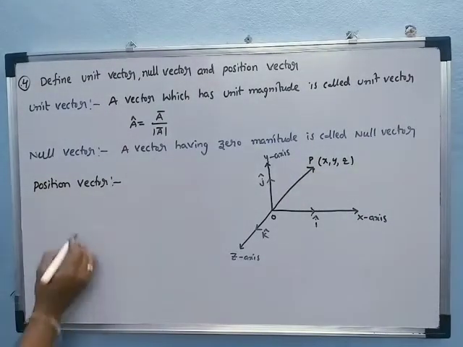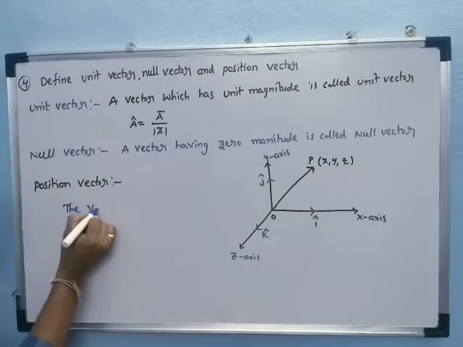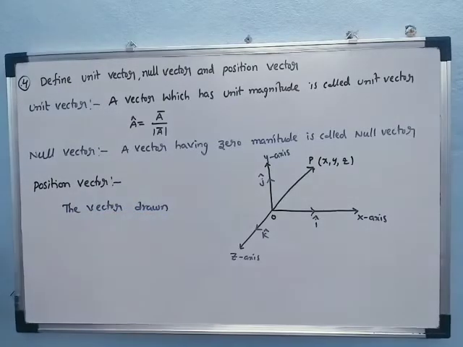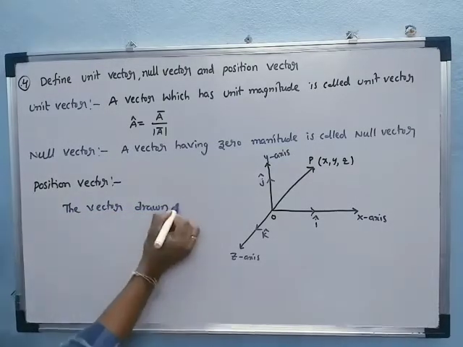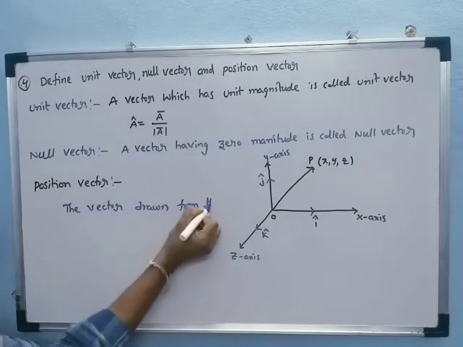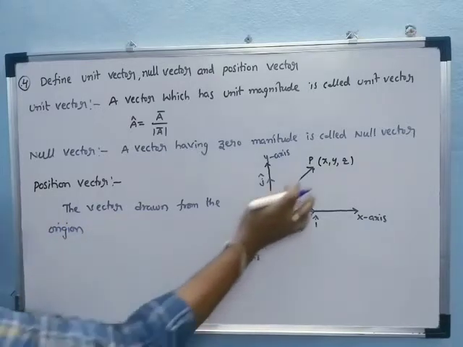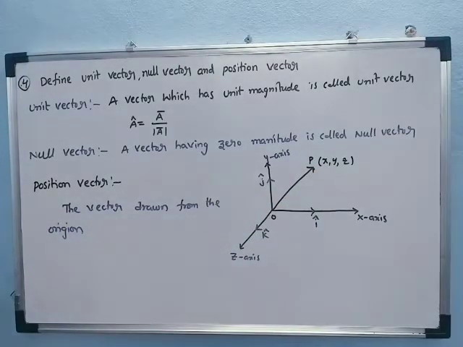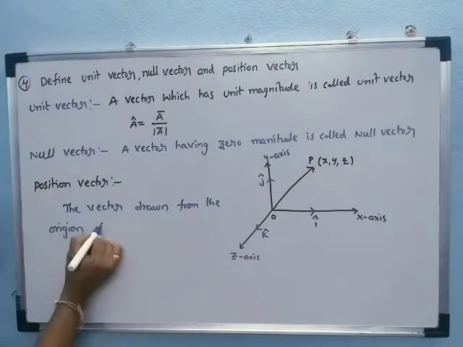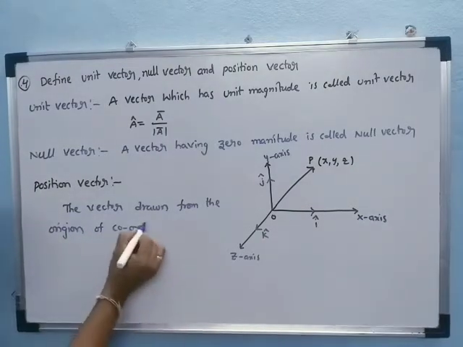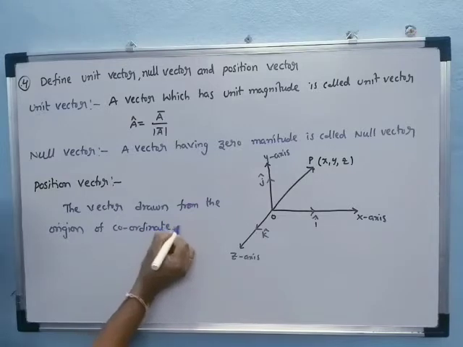See, the vector drawn from the origin of the coordinate system to the position of an object is called a position vector.